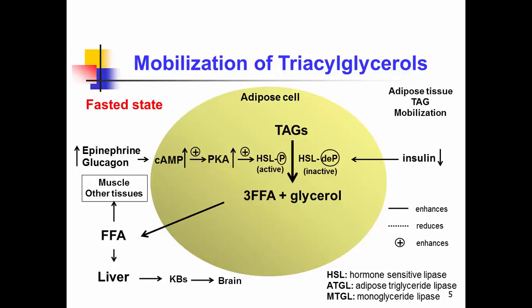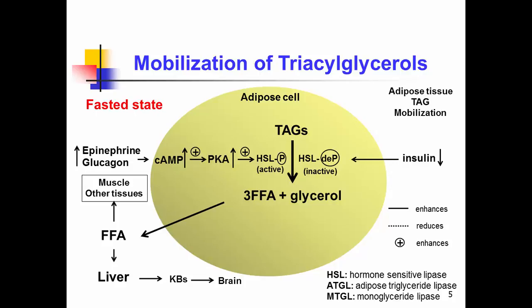And also fatty acids go to the liver, again, as I mentioned, for making ketone bodies. So the liver is the primary site for ketogenesis, right? Ketone bodies, once made in the liver, are released into the circulation and picked up by other tissues, primarily brain and muscle, and also used for energy, right?